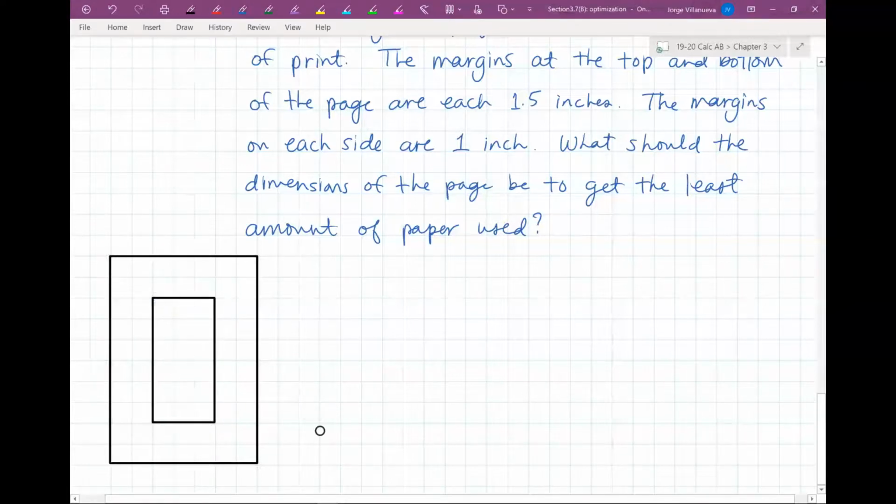They want the dimensions of the printed area. The printed area is going to be this right here, to be 24 inches squared. The rest of the paper is non-printed area.